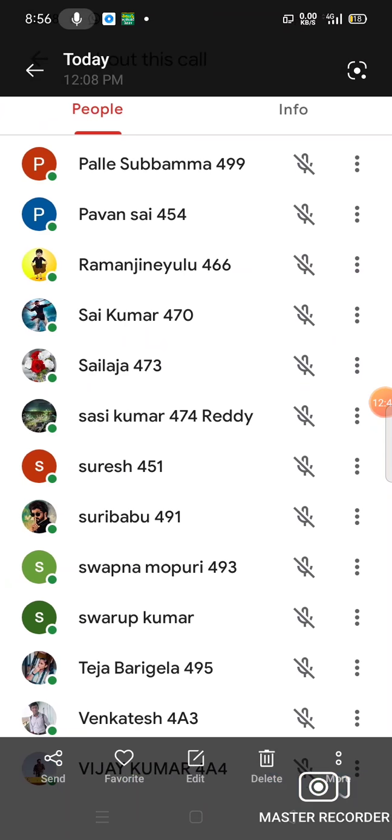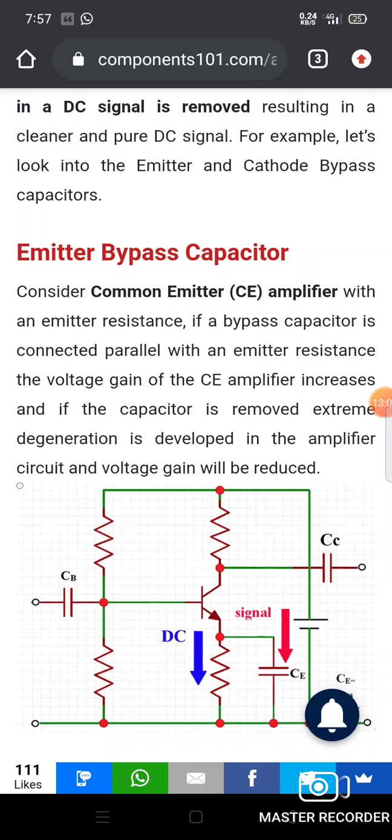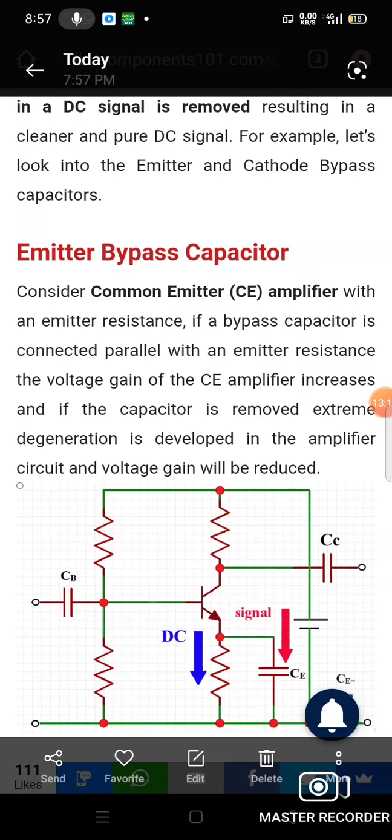This is because for AC signals the capacitor allows the signals to pass to ground, that is, the capacitor acts as a short circuit. So CE acts as a short circuit, and automatically RE is also short circuited, so you don't get any resistive component. That's why the amplifier gain is improved with the emitter bypass capacitor.